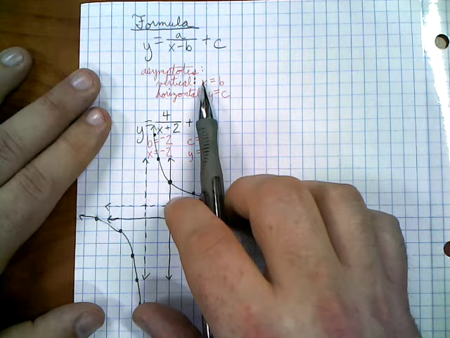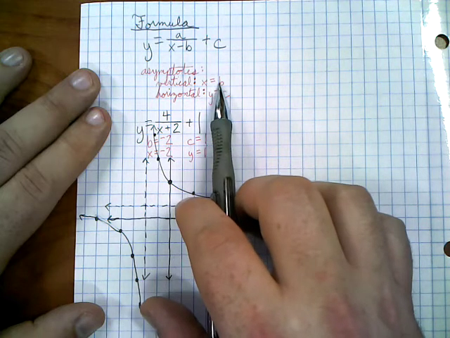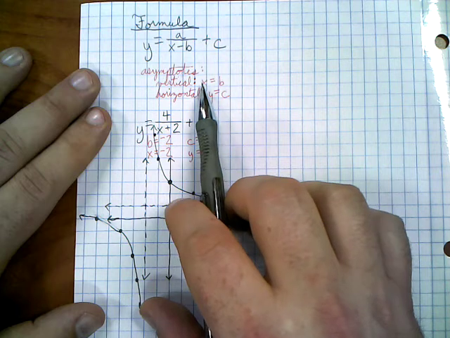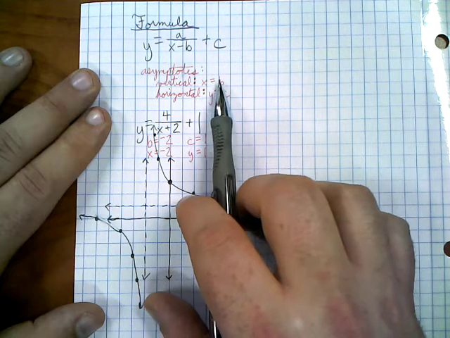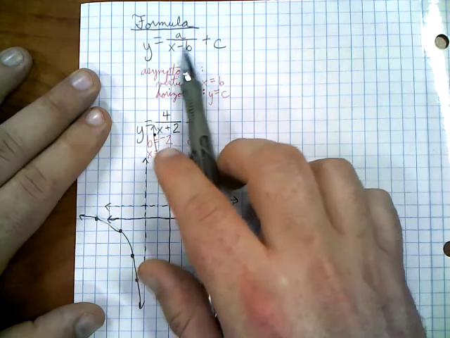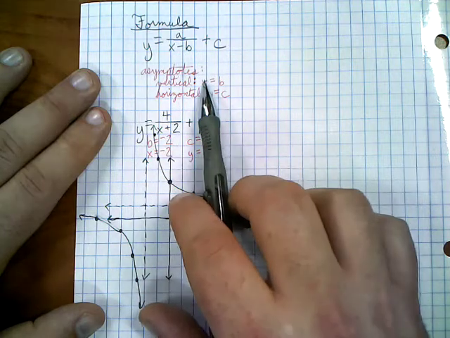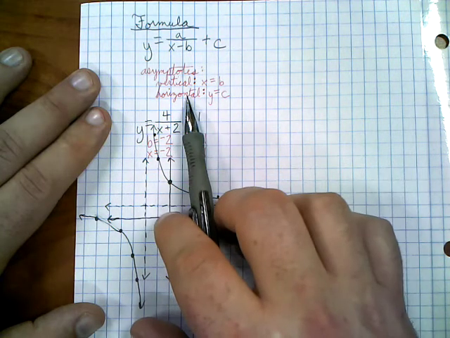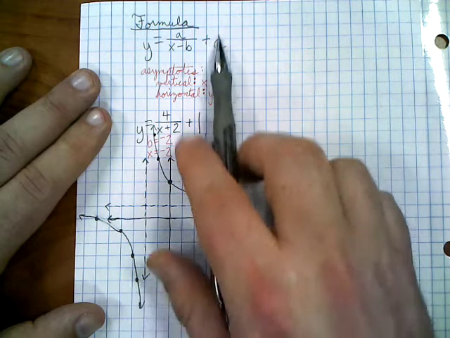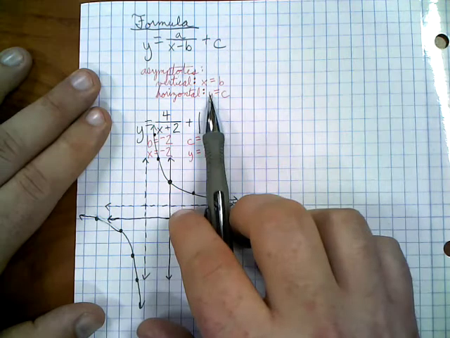A vertical line is actually of the form x equals a number, because if the x value has to always be the same, that's going to be a vertical line. So x equals b, and we got to remember to think of that as subtraction. So x equals b will be your vertical asymptote. Your horizontal asymptote will be y equals c, because a horizontal line will be y equals a number.